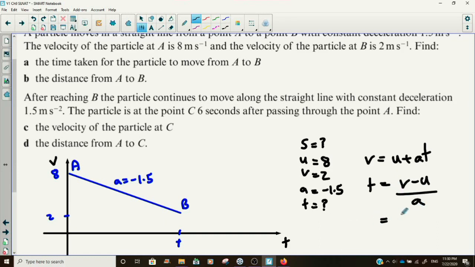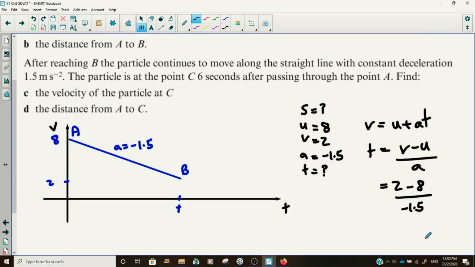So v, the final velocity, is 2 minus 8 divided by minus 1.5. Okay, and that's going to be minus 6 over minus 1.5, which is 4 seconds. Okay, so here we have 4 seconds.